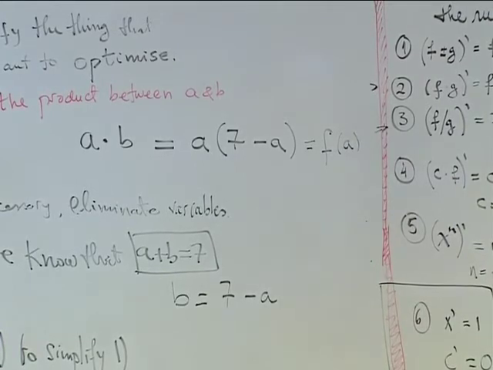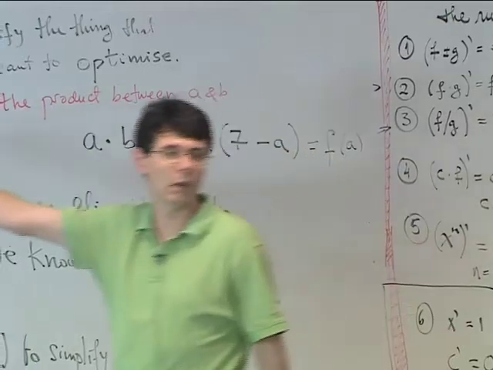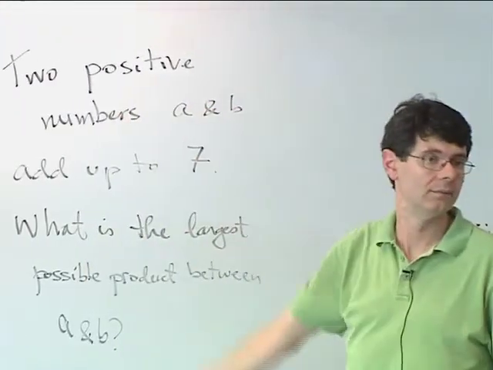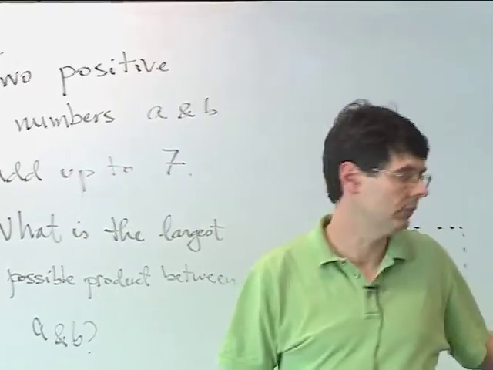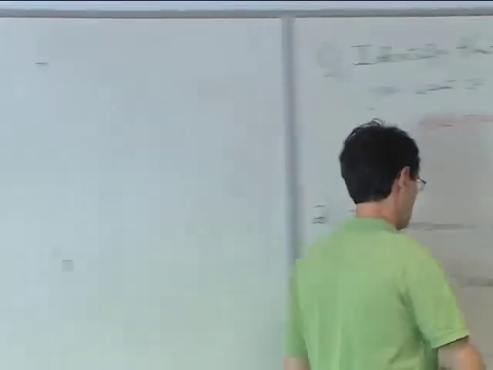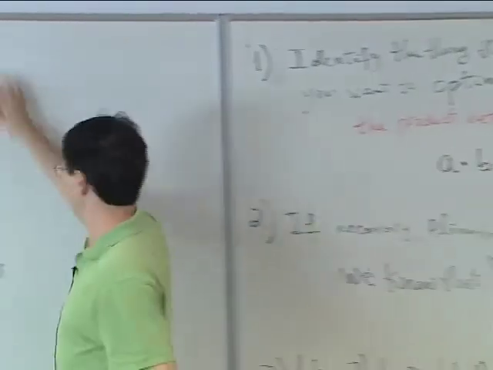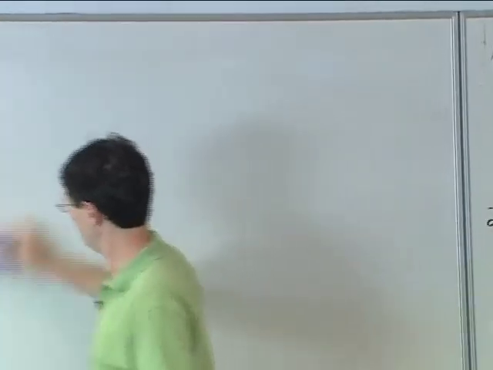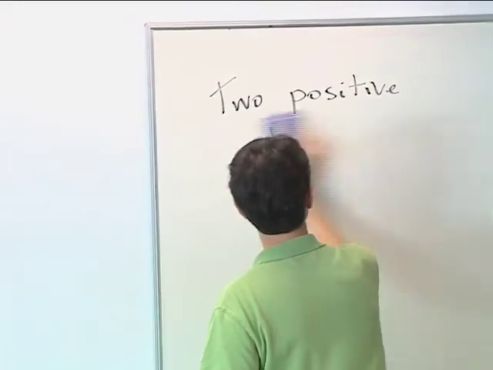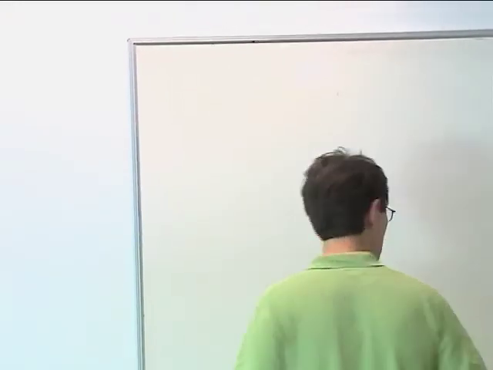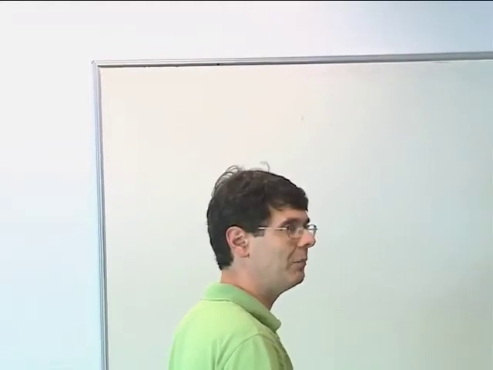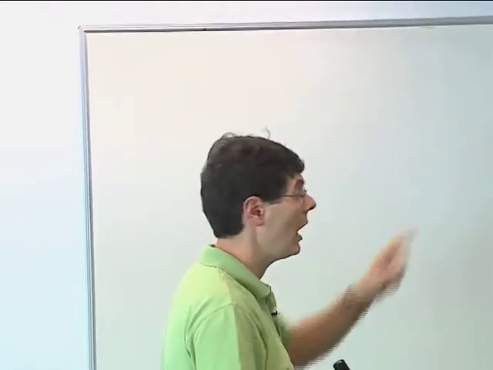I could have started by calling it x and y if I wanted, or you can call the two numbers anything you want. I called a and b, so it's f of a. So now let's see. Let's remember what we want to do. We want to maximize f of a.